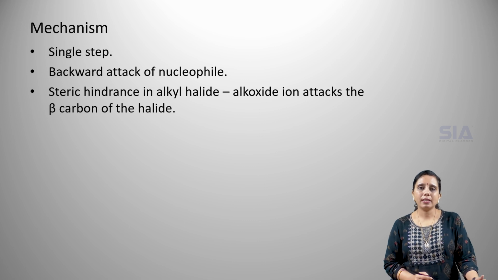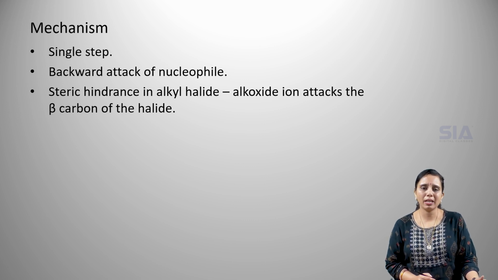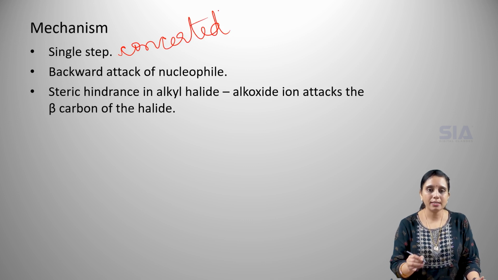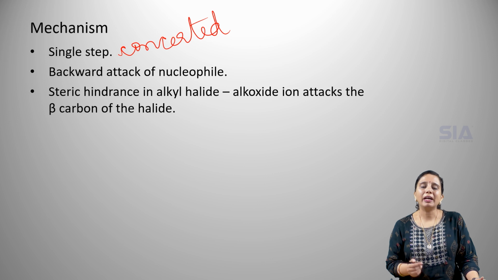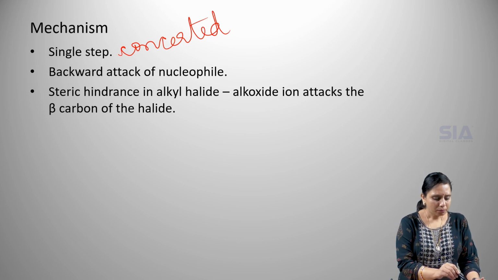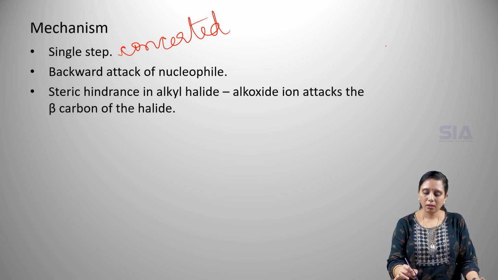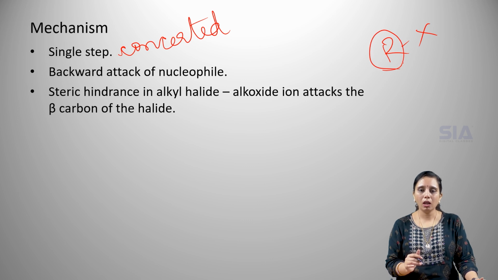Let us go into the mechanism. It is a single step reaction, hence it is also called concerted. Concerted means a single step reaction. The nucleophile attacks from the backside of the alkyl halide. If the alkyl halide is smaller, that means the R group in the alkyl halide is small, the attack is easy.